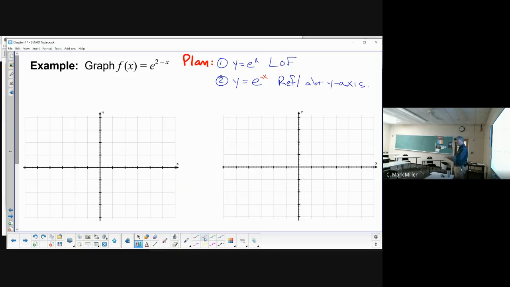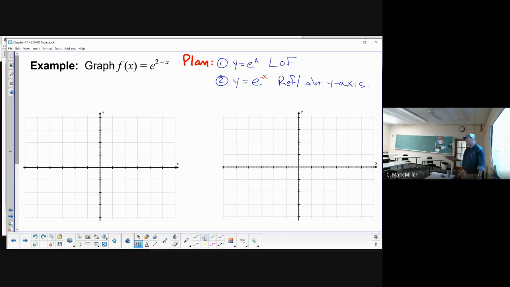Now here is the little bit tricky part where last night's homework answer may have given you a difficulty. How do I turn this into that? Well, what do I need in the exponent here? I need a 2.